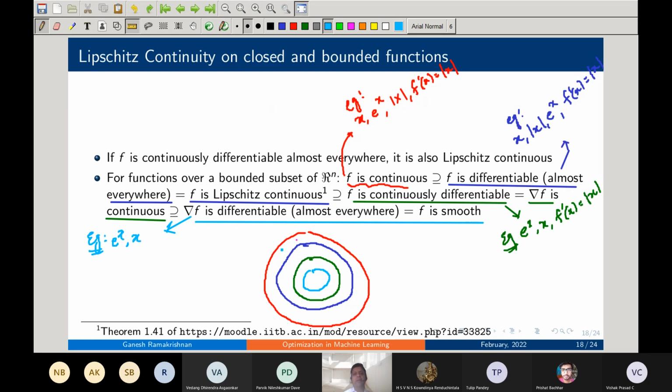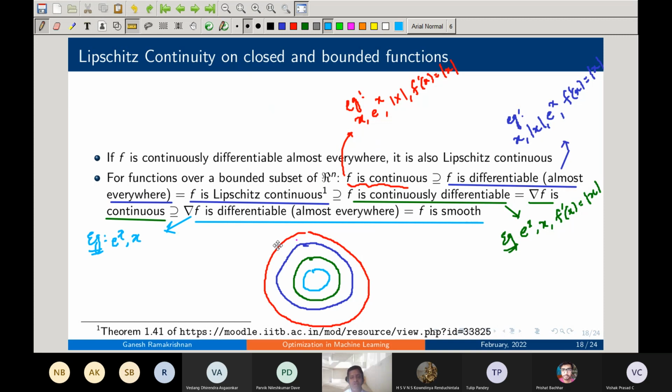On closed and bounded functions, there's some connection. I'll ask this question: what's the relation between Lipschitz continuity and smoothness? Lipschitz continuity and smoothness you can talk about in the case of the function being continuously differentiable. Sorry, the function on closed and bounded sets.